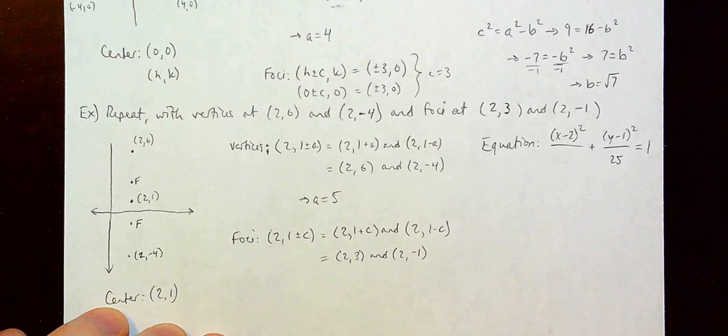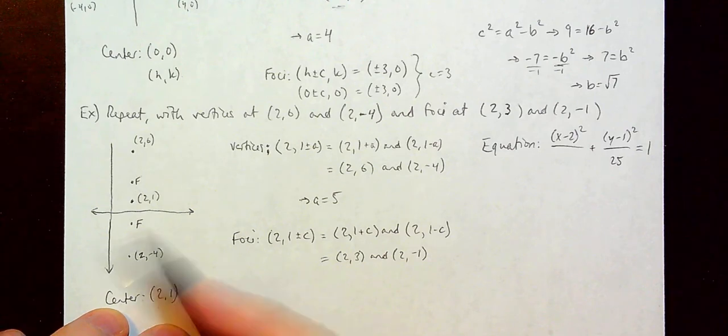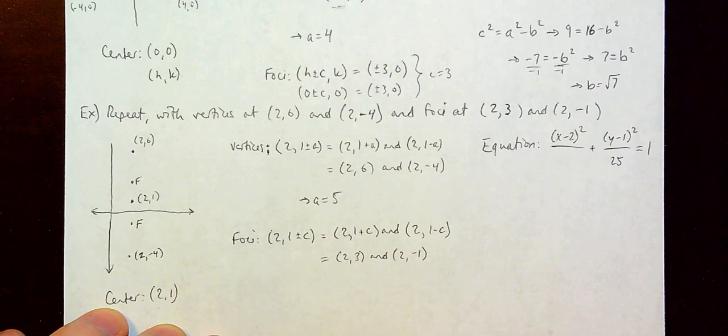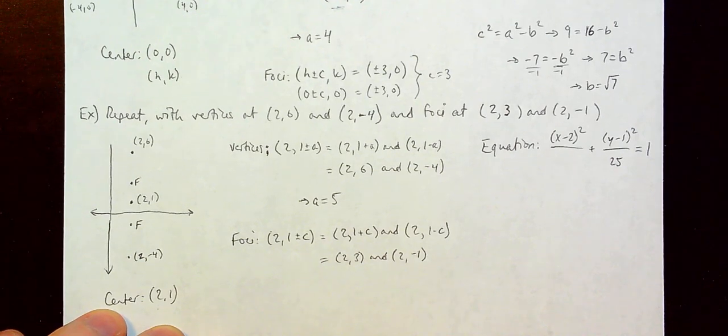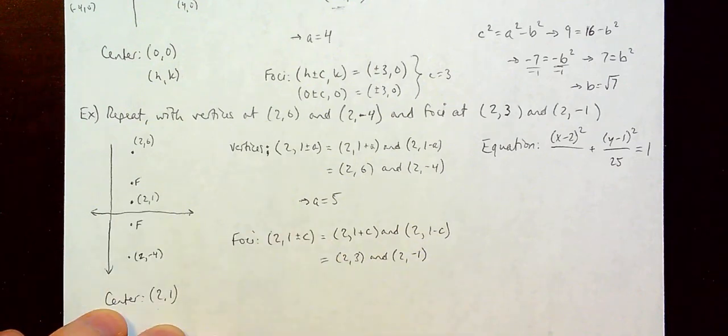So we can do some basic comparisons and figure out what our c value is, but really just by looking at the graph and the visual that we have here, you'll probably find it a lot easier to think of our c value in this way. The c value here is really just the distance from the center point to either of your two foci.